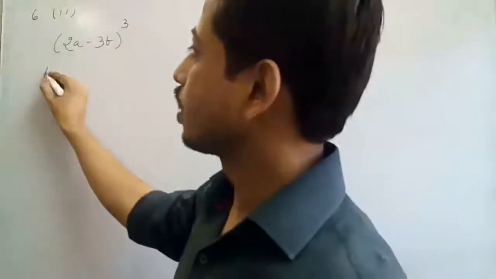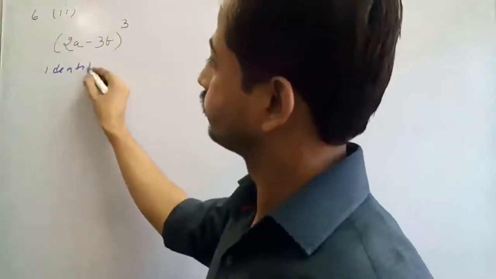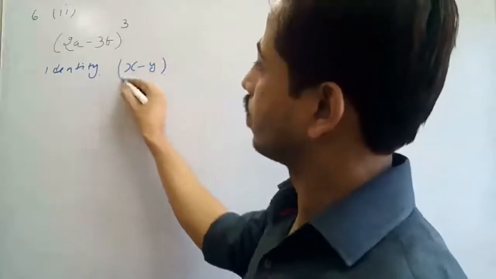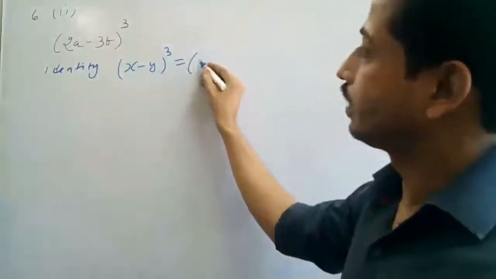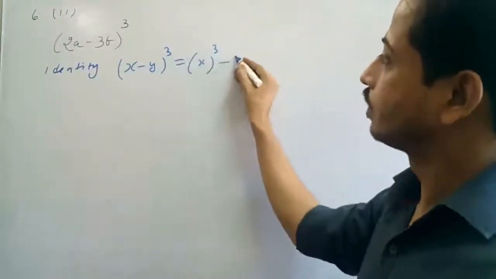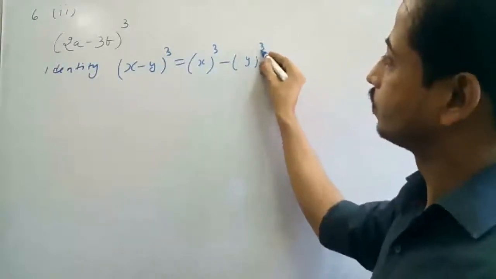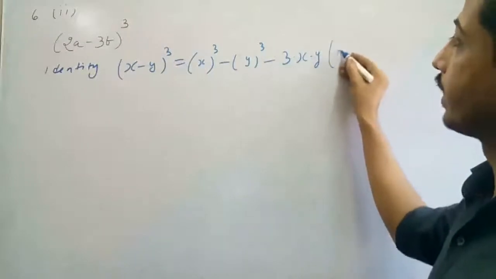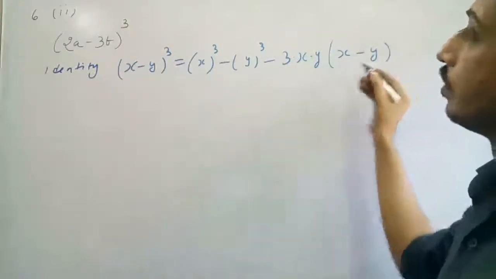So the identity is what? (x minus y) whole cube is x cube minus y cube minus 3 multiplied by x multiplied by y, bracket (x minus y).